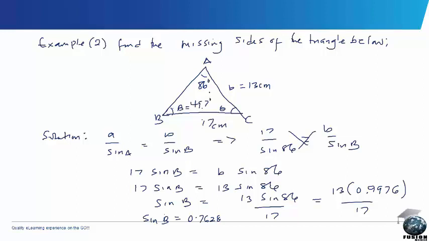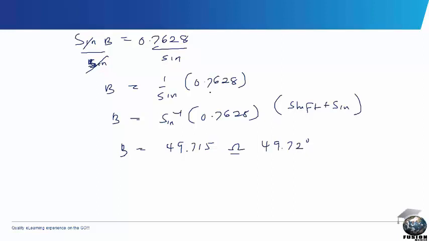So we can go back and fix beta to be equal to 49.7 degrees, and go back to the whole triangle. To find C is very simple.